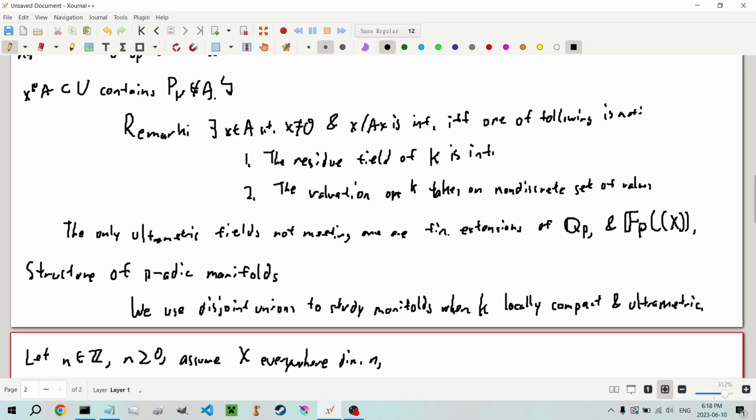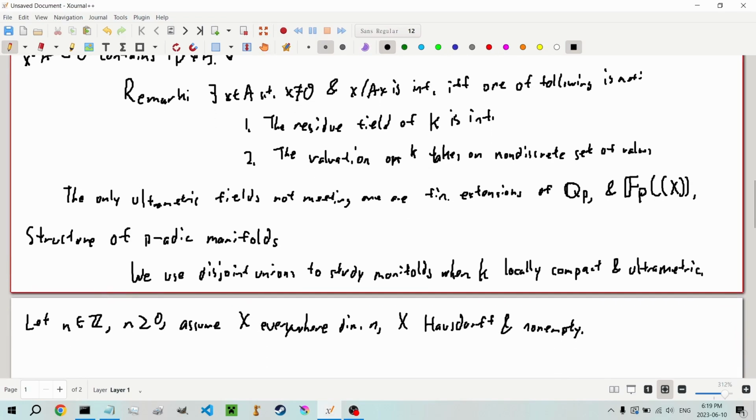And we're going to assume that X is Hausdorff and non-empty. Otherwise, it's going to be pretty boring. And this brings us to our first lemma.